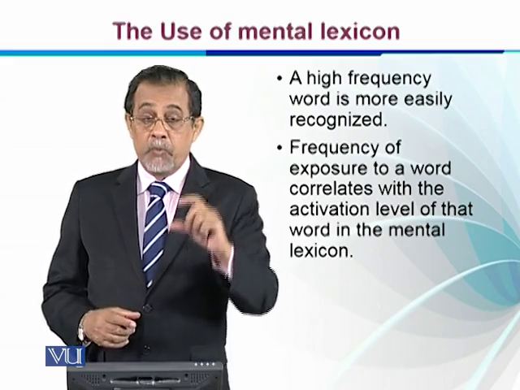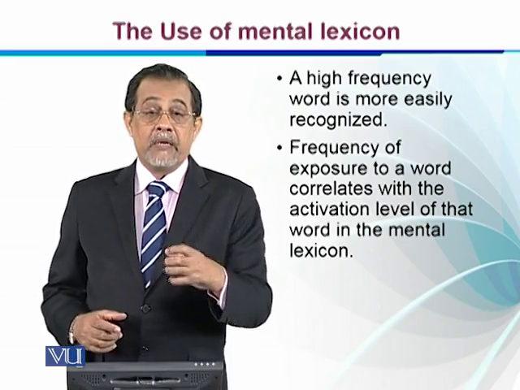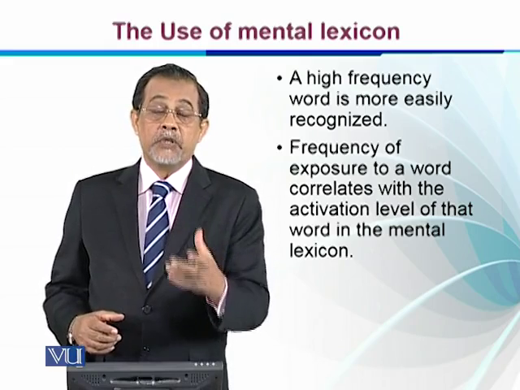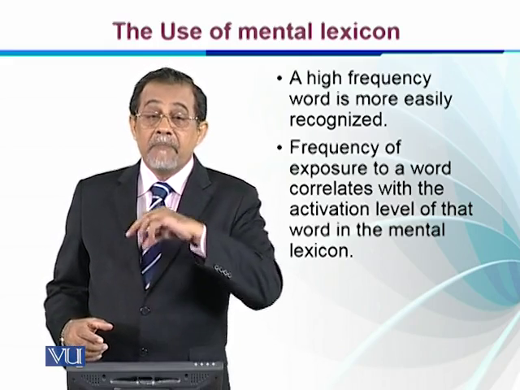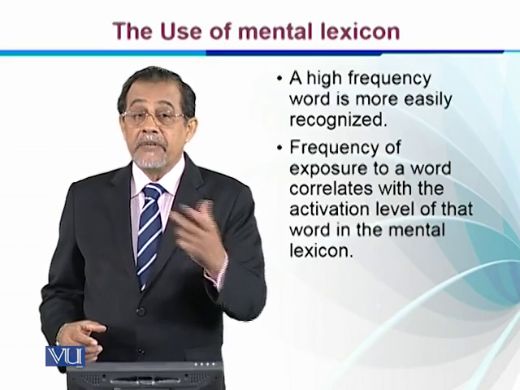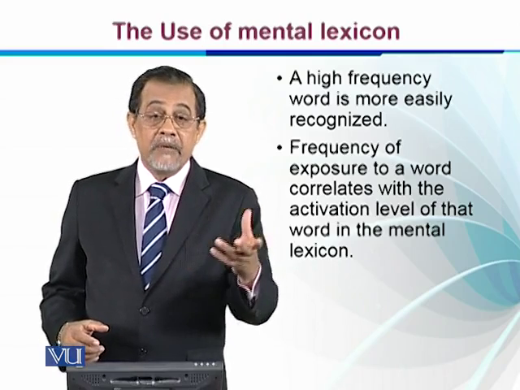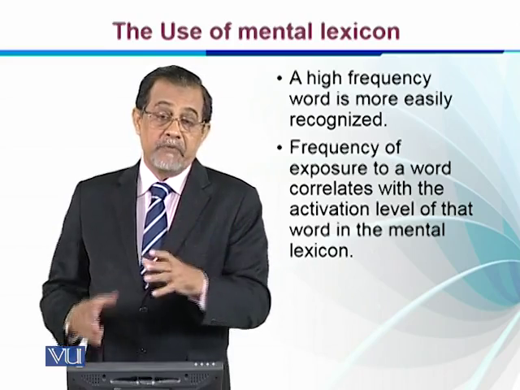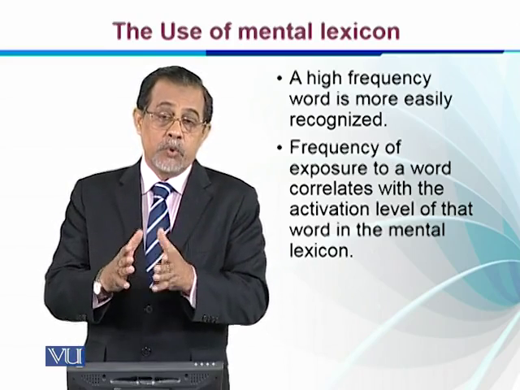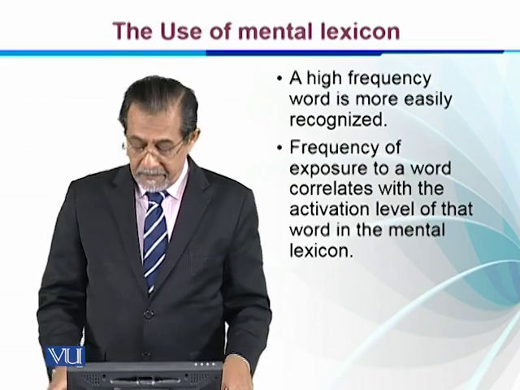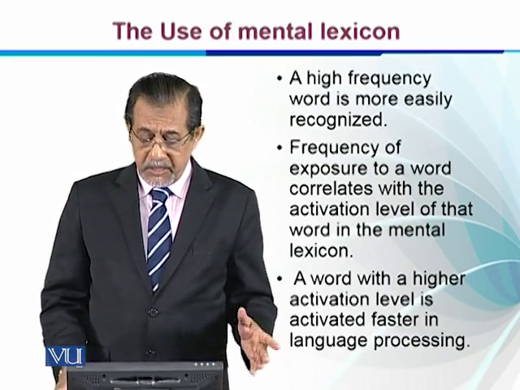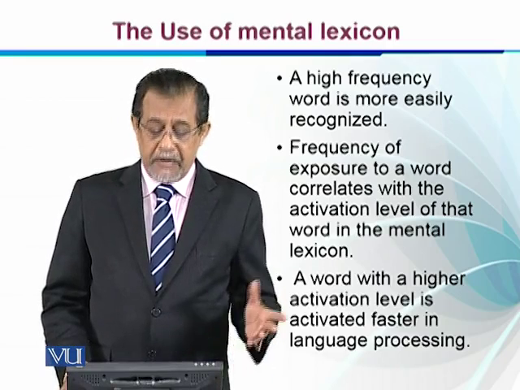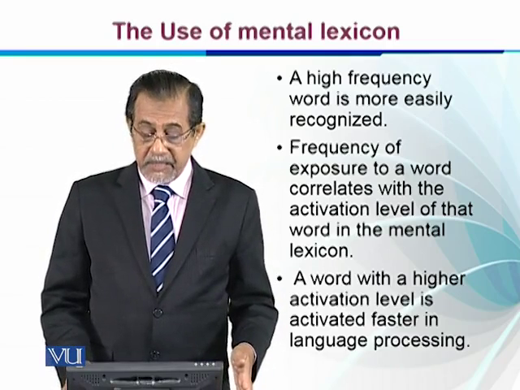The word we use more frequently has a higher level of activation in our mental lexicon. The mind activates it quickly, compared with other words which are less frequently used or which have low frequency. A word with a higher activation level is activated faster in language processing.